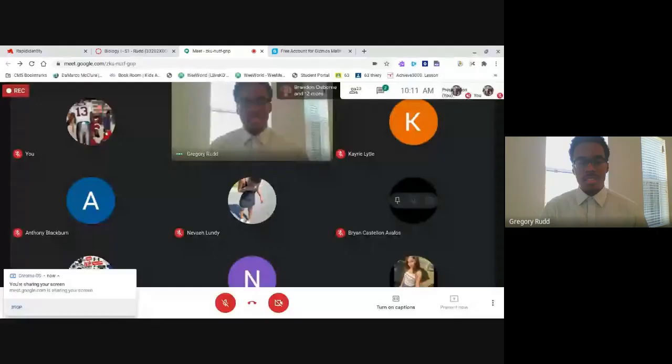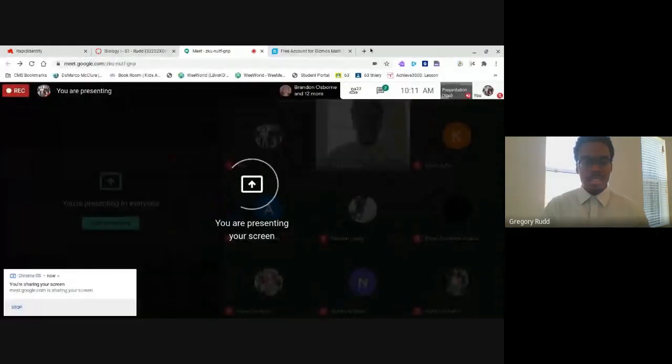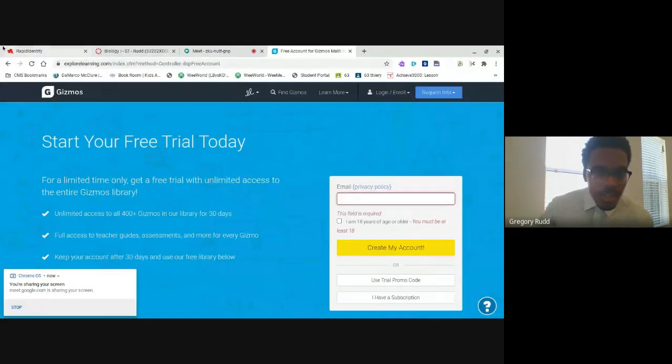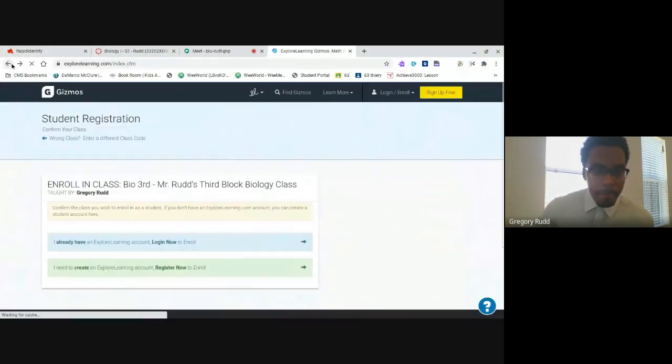Share your screen again for us. So just hit the back button there, yeah. So where it says I need to create an account, and I think it's green on your screen. Yep, click on that.